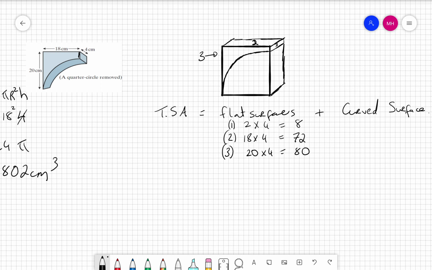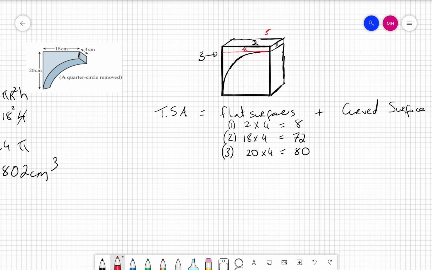Now, this is a slightly longer way to do the question, but we'll do it to highlight what could have been a very tricky part of the question. Let's create a new surface there and call that surface 4. There'll be one similar over the other side, call that surface 5.